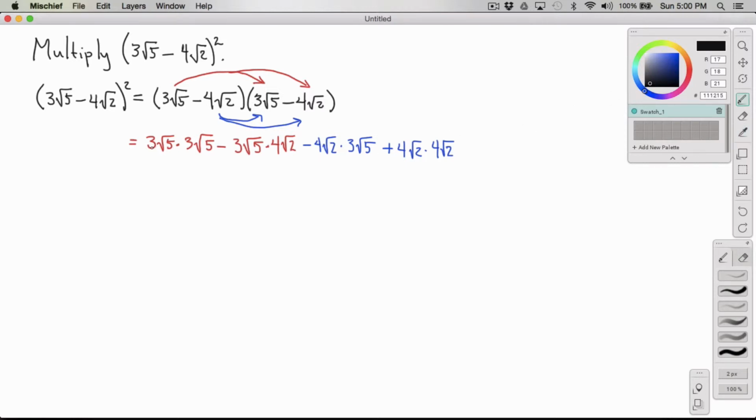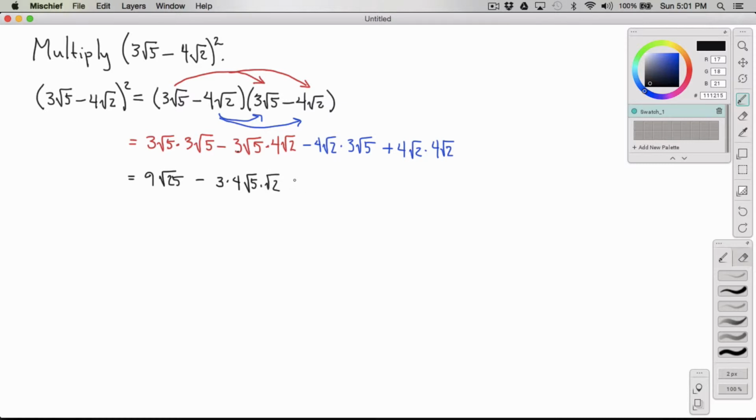Notice here I have a 3 times a 3, so I can write that as 9. The square root of 5 times the square root of 5, that's going to give me the square root of 25. Here I have a minus, I'm going to rearrange this. It'd be easier if you think of it as 3 times 4, and then you multiply the square root of 5 times the square root of 2.